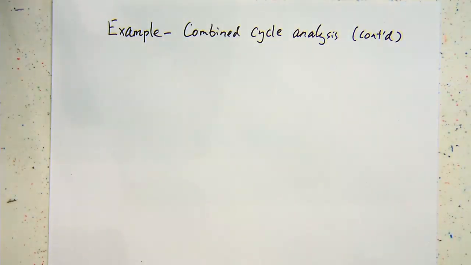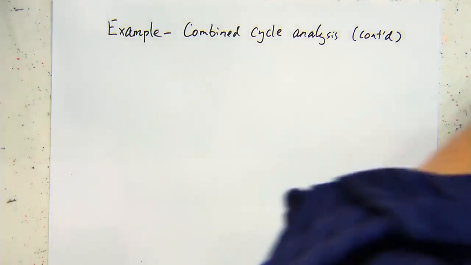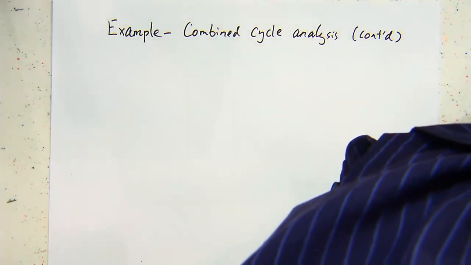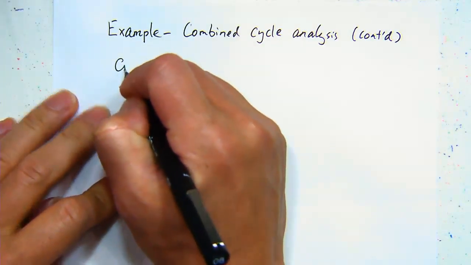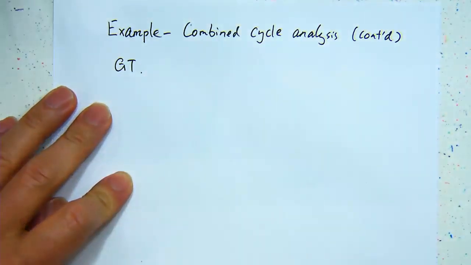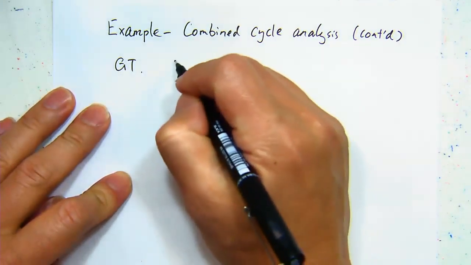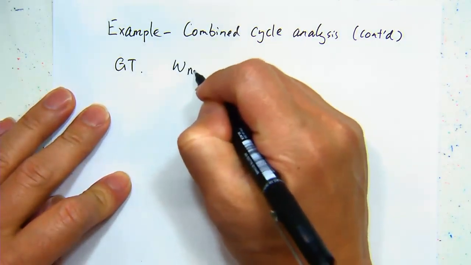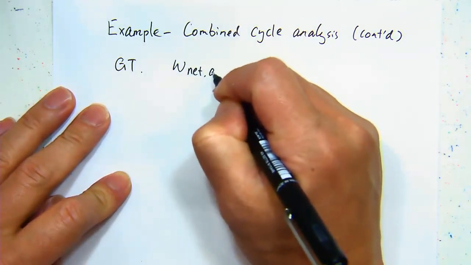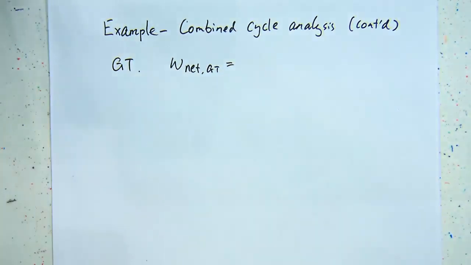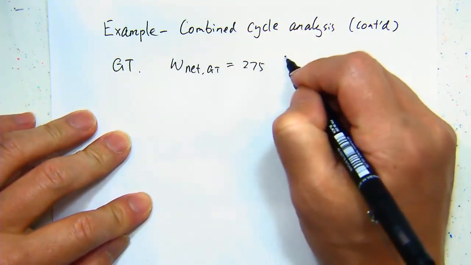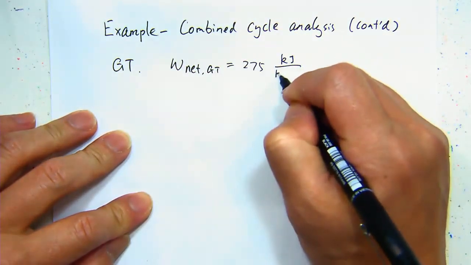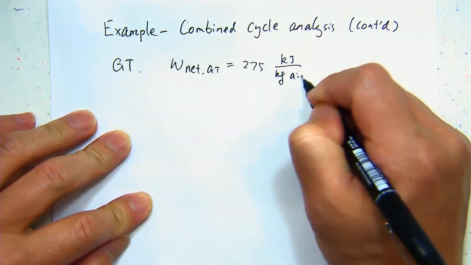So there we already solved part of the problem, where we found the net work for the gas turbine part, which equals 275 kilojoule per kilogram of air.